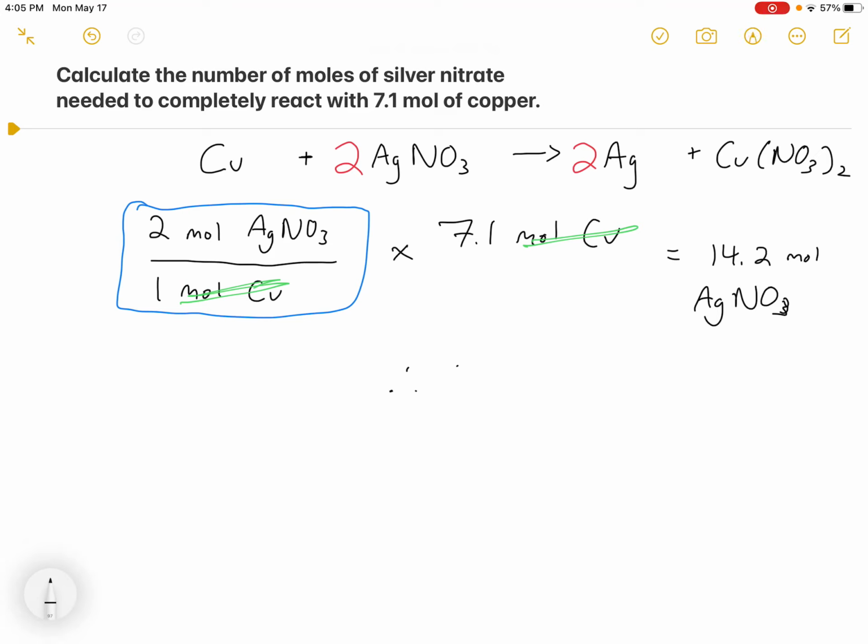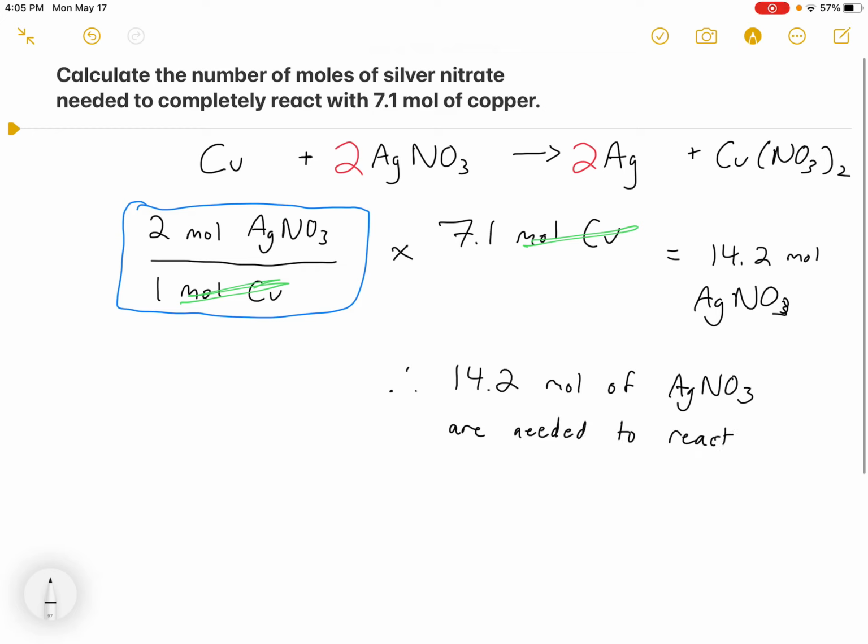Therefore, 14.2 moles of silver nitrate are needed to react completely with 7.1 moles of copper.